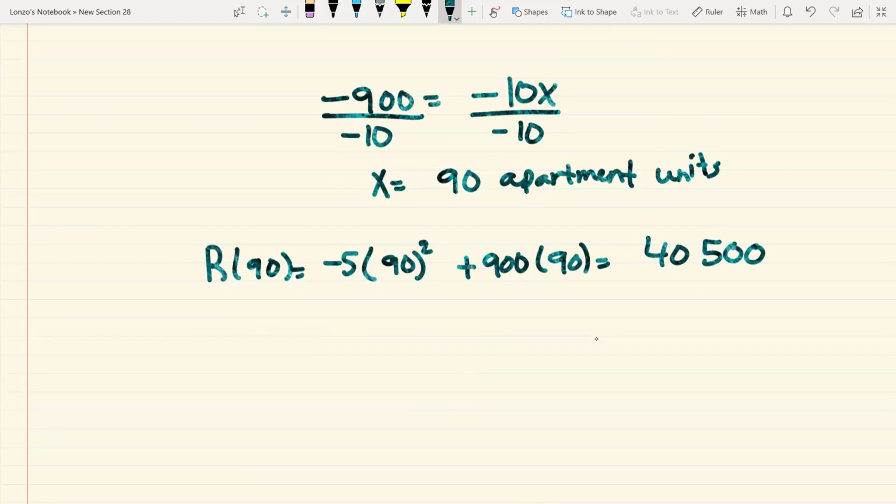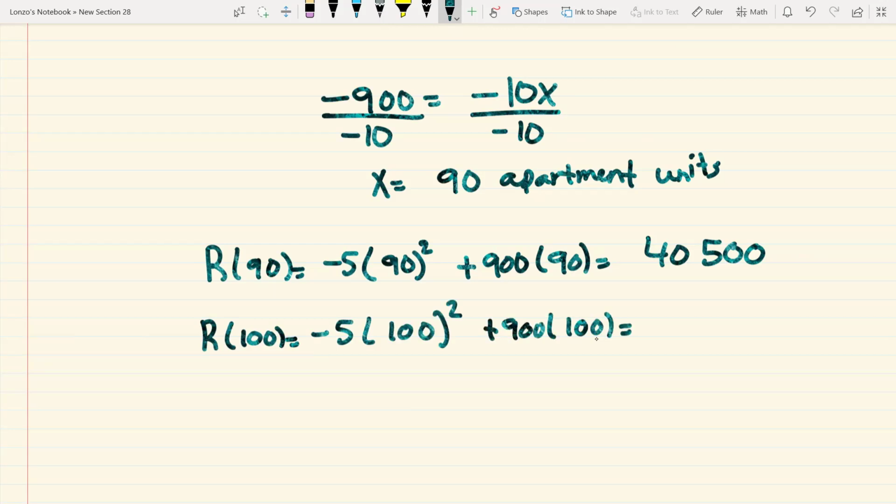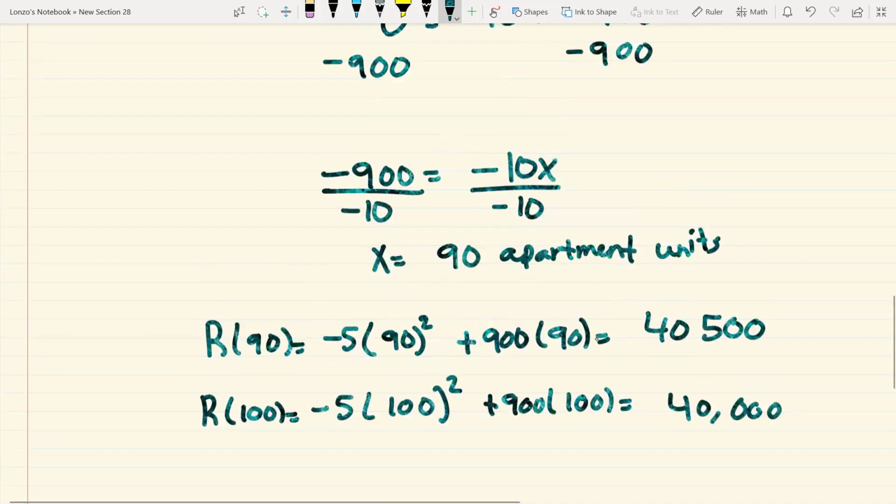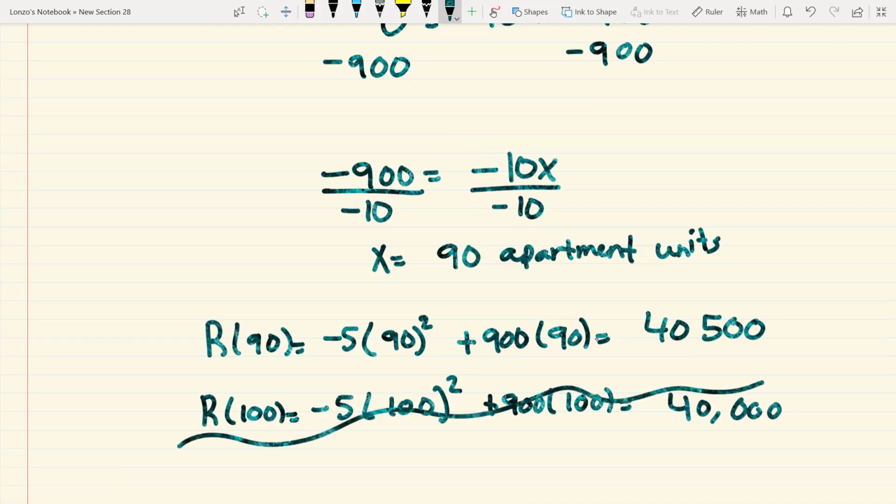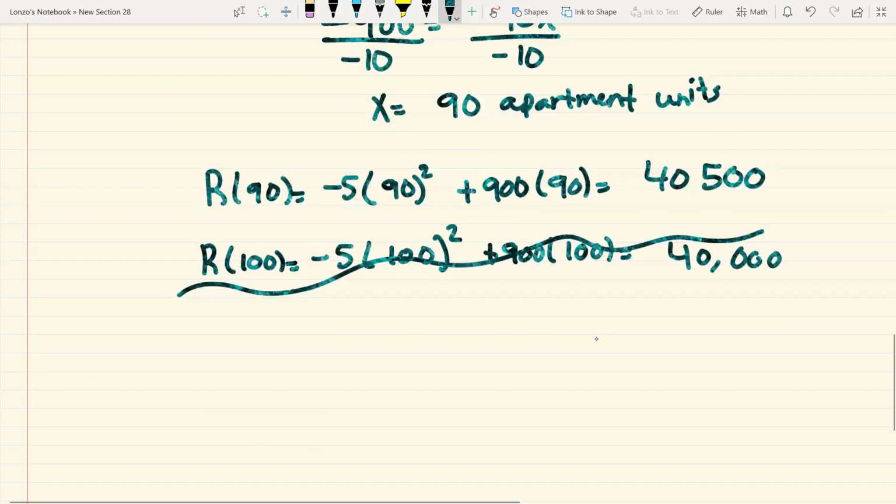Wouldn't that give a larger revenue? Let's see. If you plug in 100, you get negative 5 times 100 squared plus 900 times 100, so you only make 40,000. So 90 is better. And if you sold 0, you'd get 0.